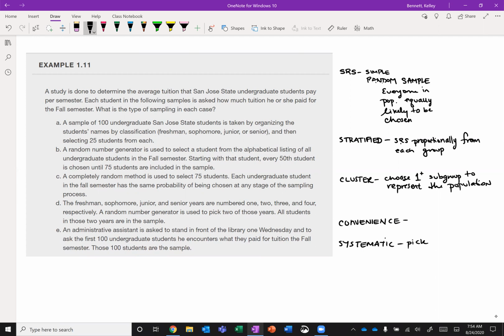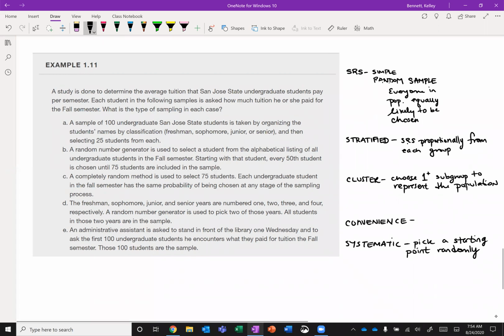So that's pick a starting point. Remember, your starting point has to be random. So pick a starting point randomly. And then I'm just going to say, and jump evenly.